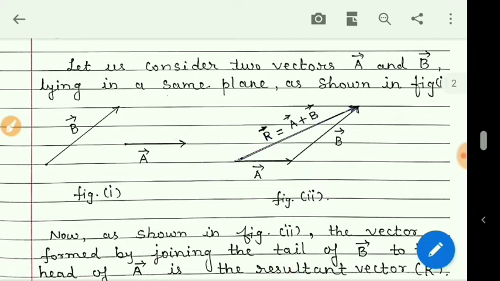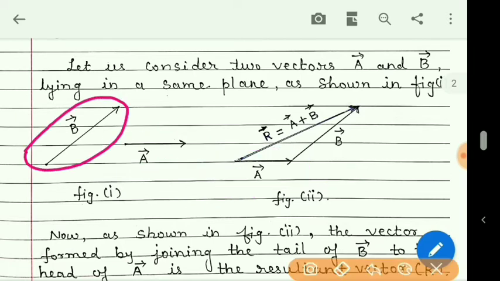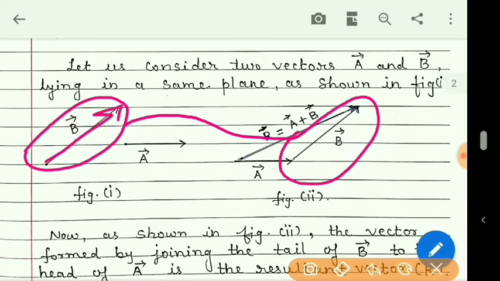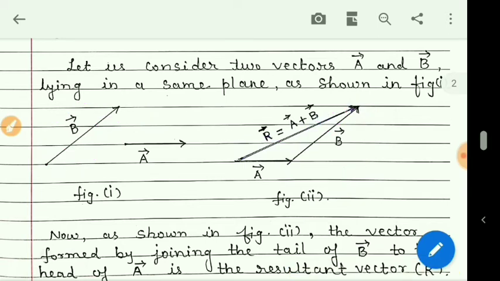Similarly, you can see here this vector B, simply it is displaced from here to here, and you can see that the direction as well as the magnitude has not changed. So you can place a vector to different positions at different places, you can slide it anywhere, but you have to remember that its magnitude as well as direction should not change.